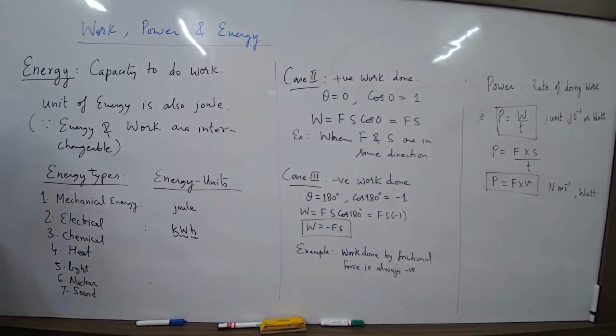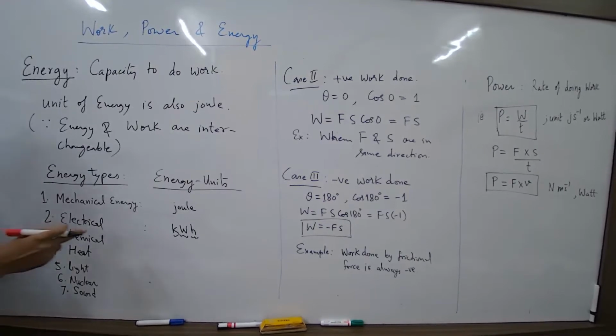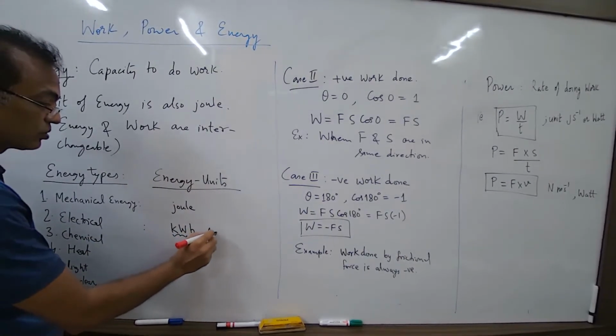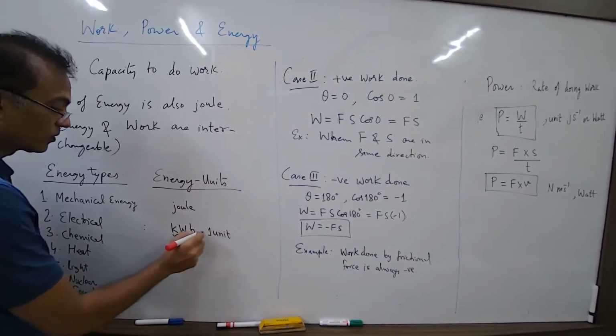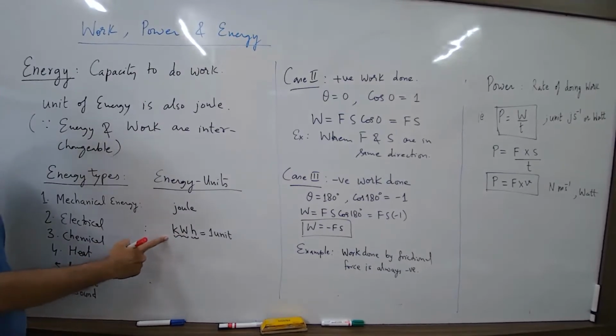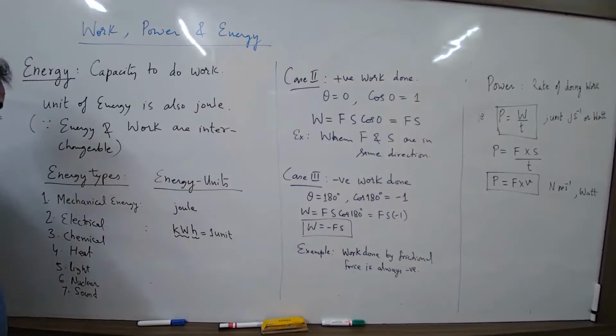The electricity bill that comes in our house is in terms of units, electrical units. So one electrical unit is equal to 1 kilowatt hour. And all these units can be converted into joule.